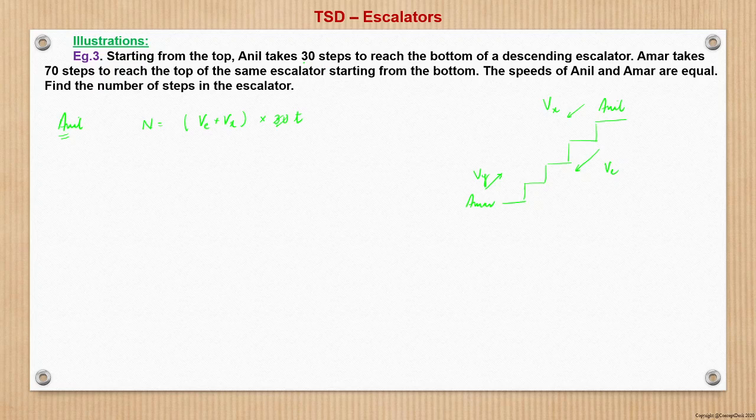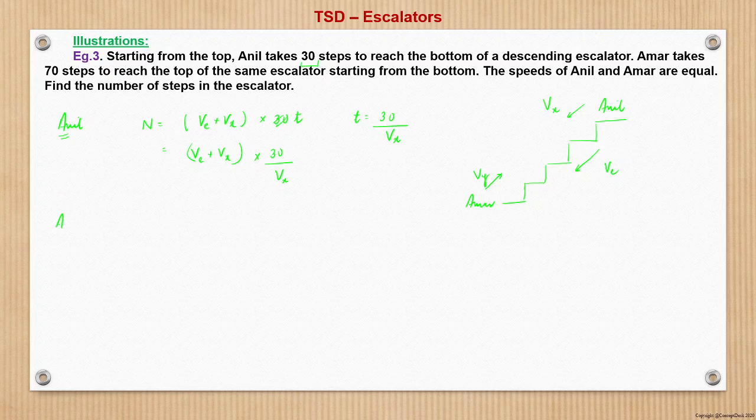But we know that Anil takes 30 steps, walking at a speed of Vx. So time is distance upon speed, that is 30 steps upon Vx. So here we write Ve plus Vx into 30 by Vx. Time is distance upon speed: Anil covers 30 steps at a speed of Vx, so the time becomes 30 upon Vx. This is n.